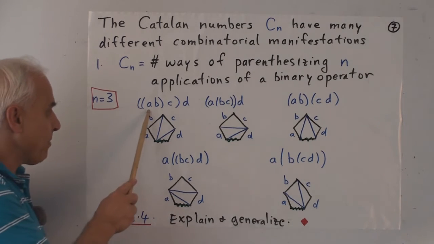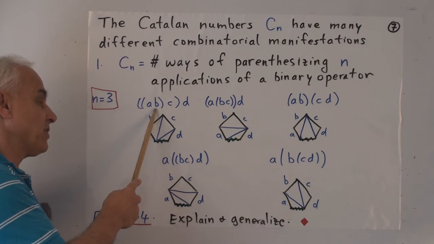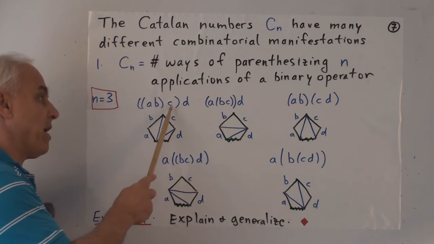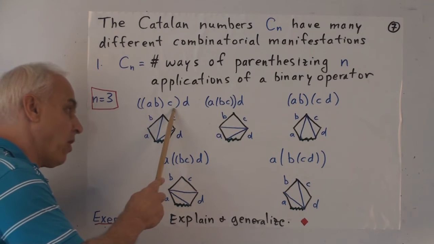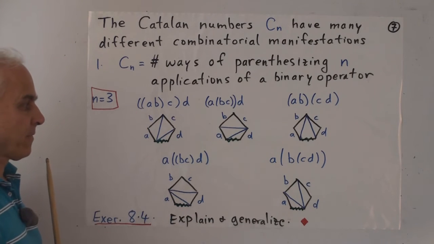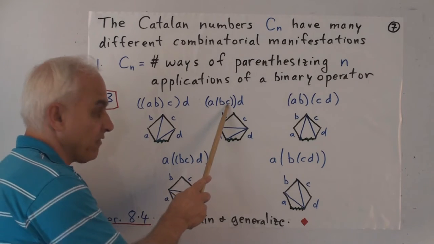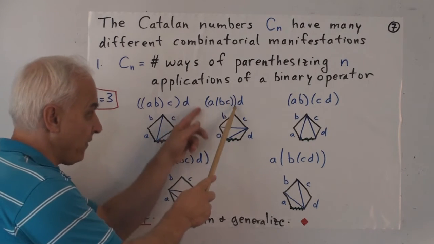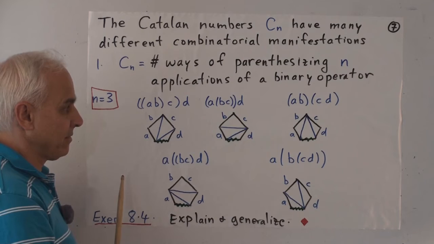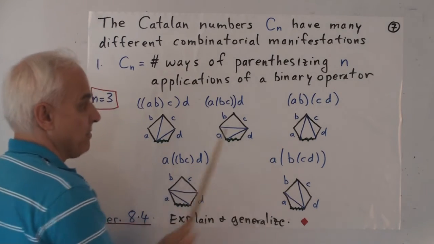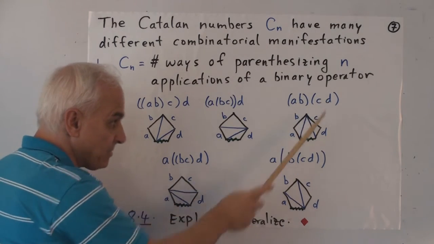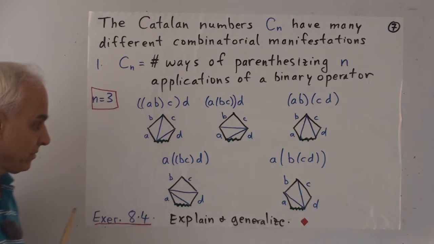For example, we could multiply a, b together first, and then we could multiply that by c, and then we could multiply all of that by d. Or here, we could multiply a by the product of b and c, and then all of that we could multiply by d. Or we could multiply a times b together, we could multiply c times d together, and then multiply those.